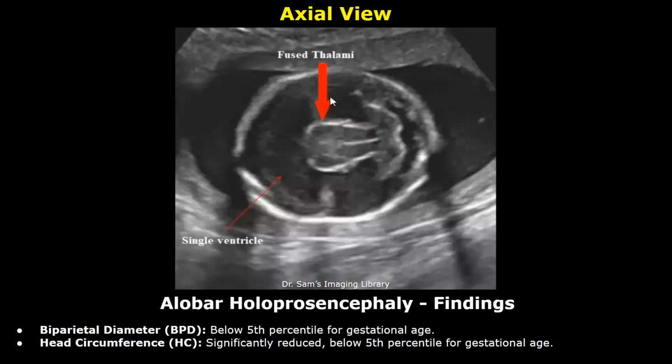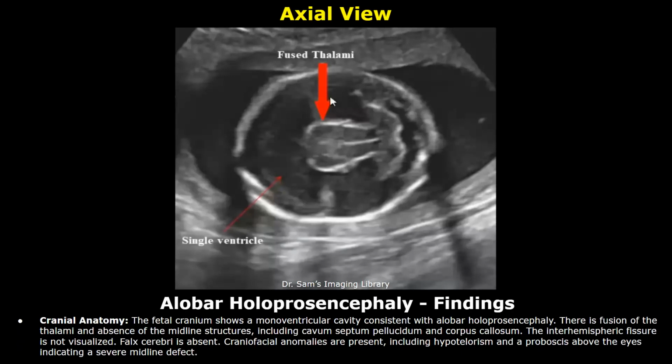These are the findings: BPD below 5th percentile for gestational age, head circumference significantly reduced below 5th percentile for gestational age. Cranial anatomy: the fetal cranium shows a monoventricular cavity consistent with Alobar Holoprosencephaly.